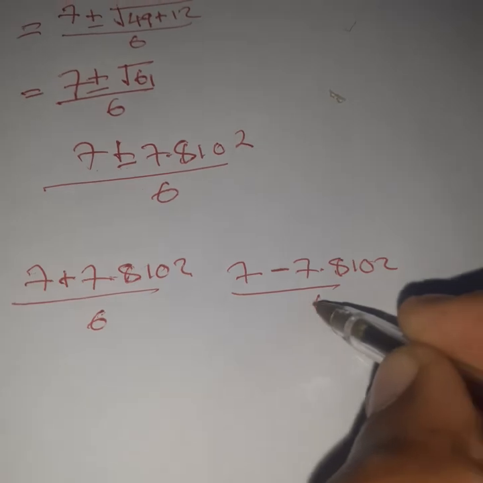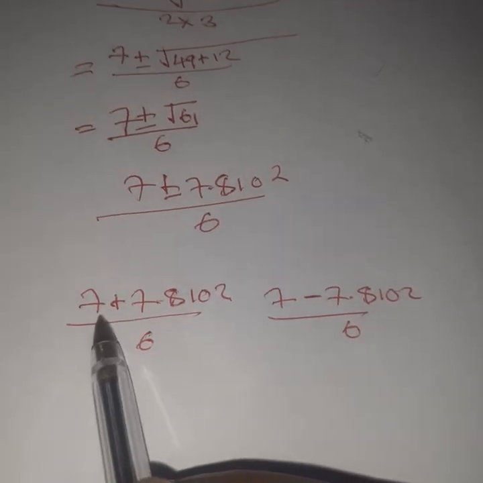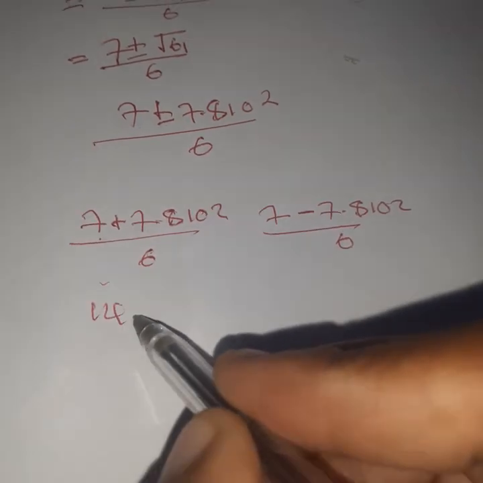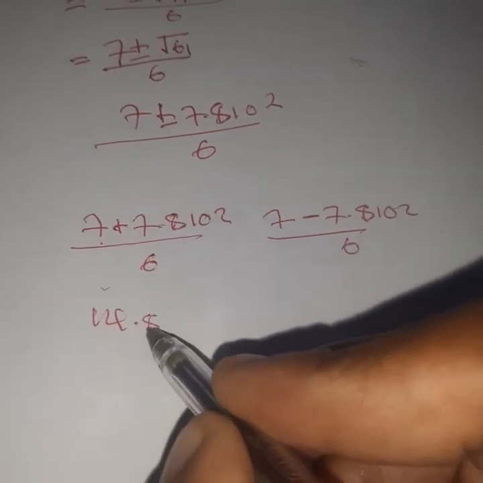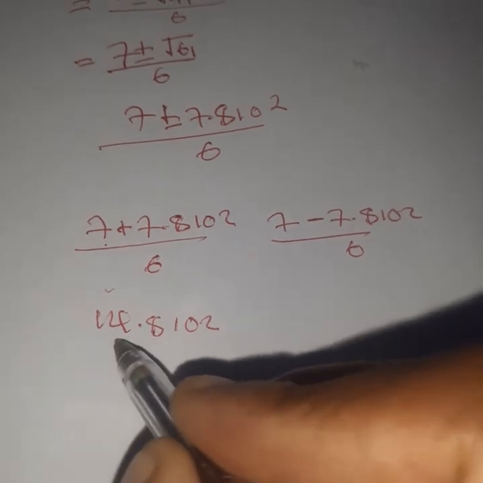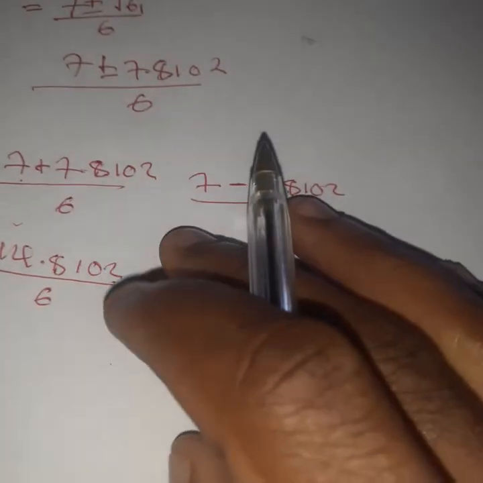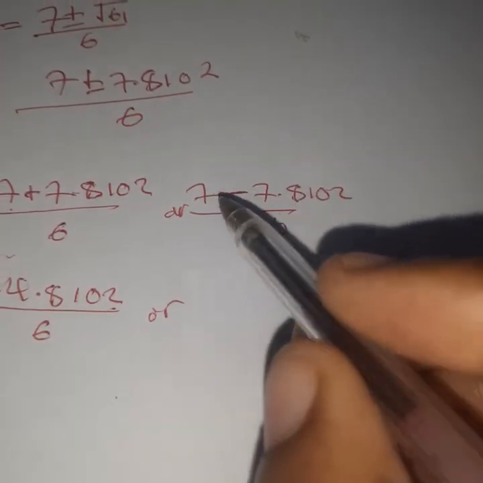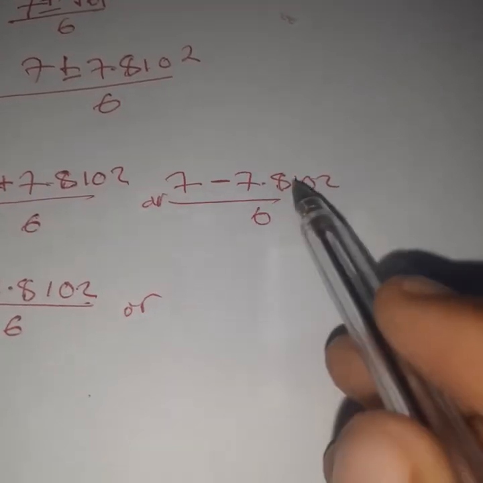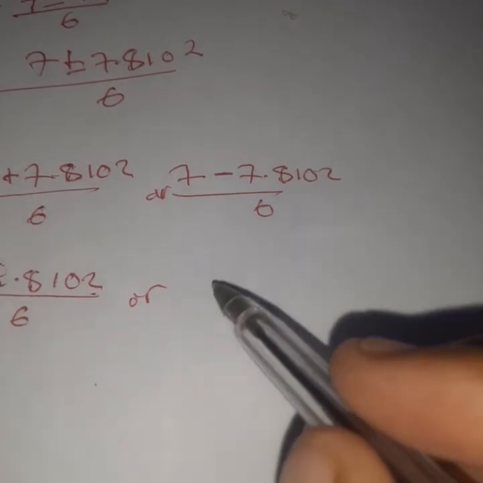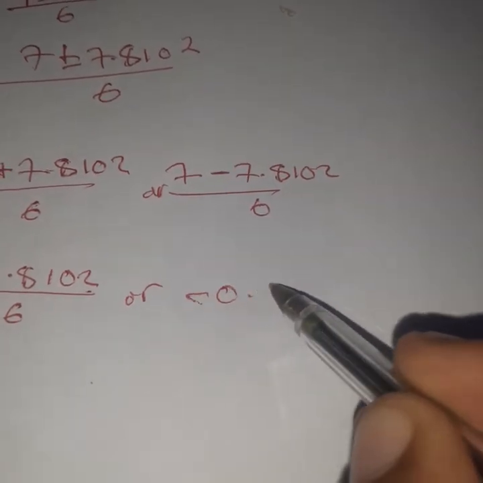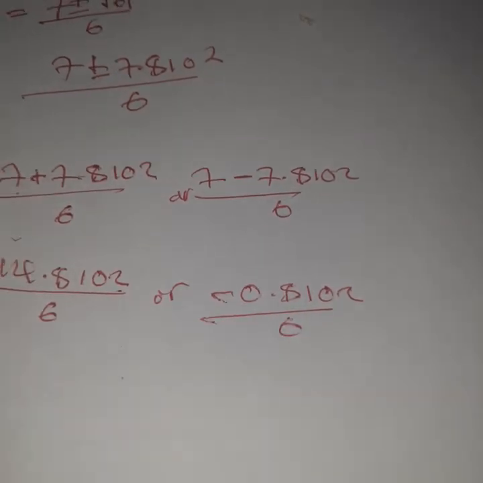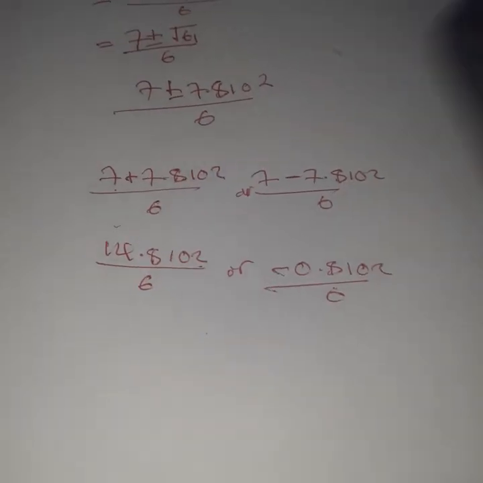If you add 7 plus 7.8102, that's 14.8102 over 6, or if you subtract, you're going to have negative 0.8102 over 6. Then we divide with a calculator.